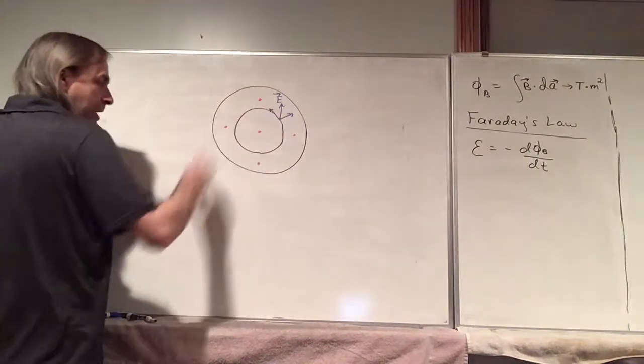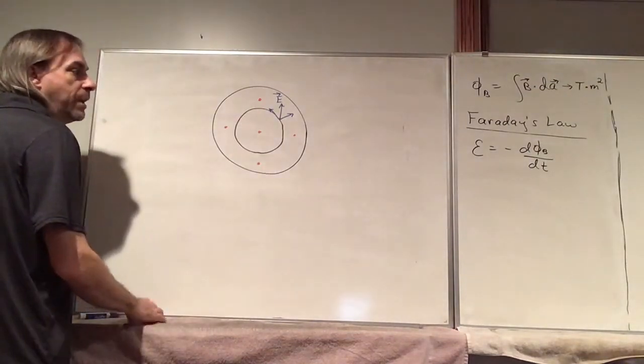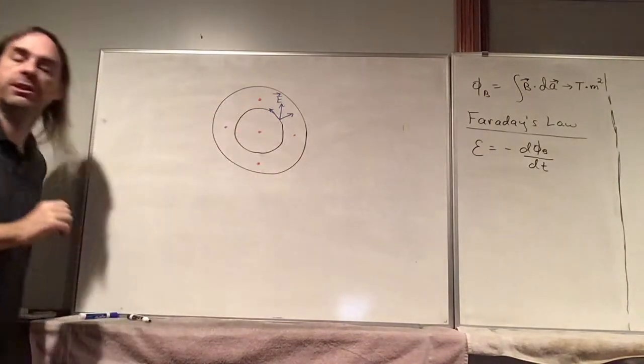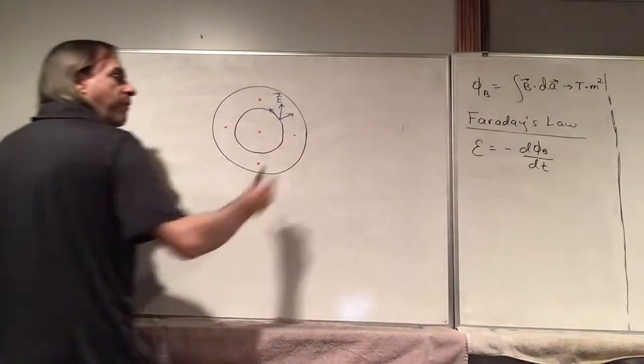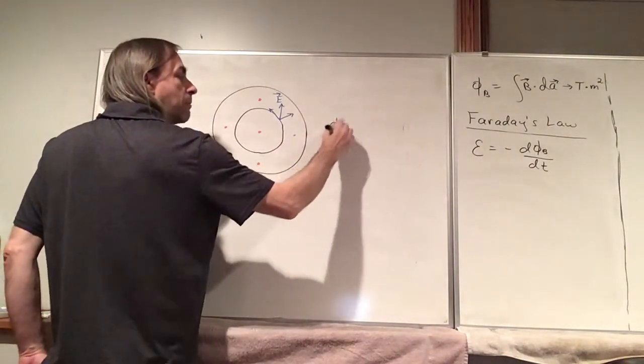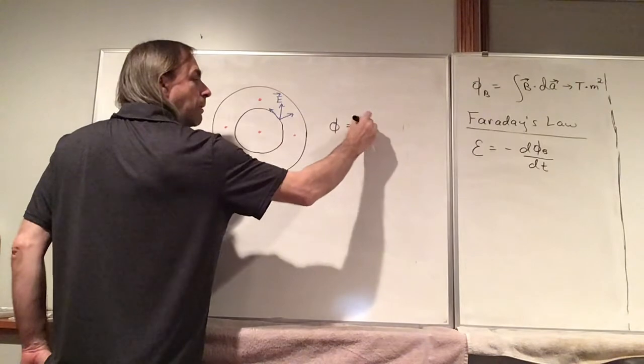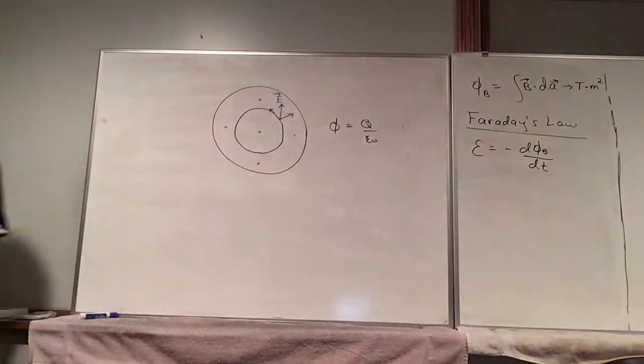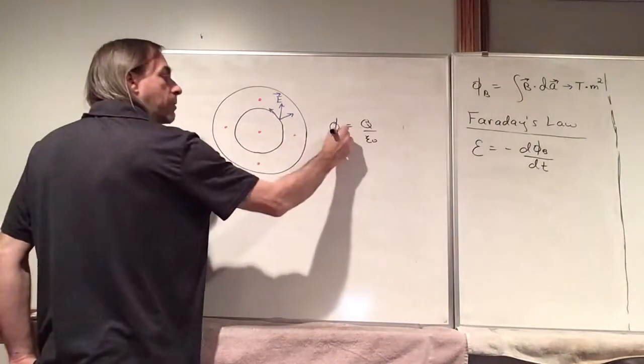And we know from Gauss's law that the flux through this surface, this is just a cross-section, it's actually a cylinder, has to be equal to the charge enclosed over epsilon naught. This is the electric flux we're talking about here.